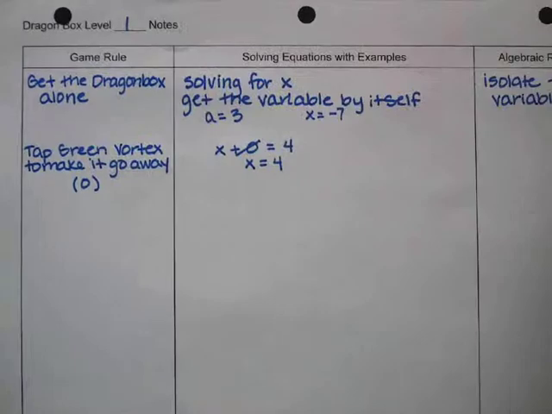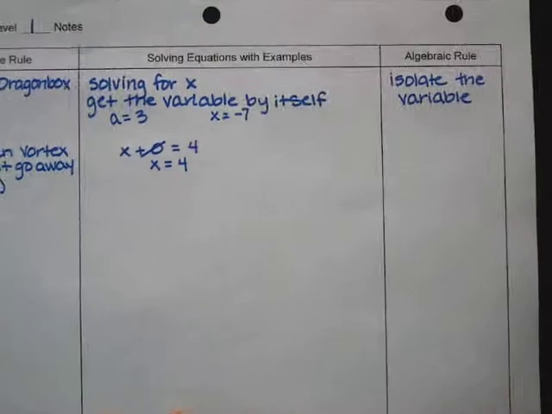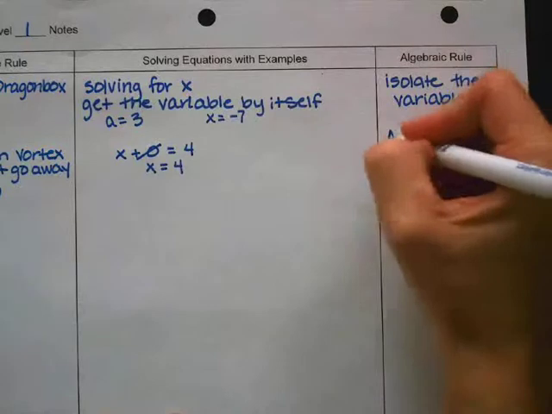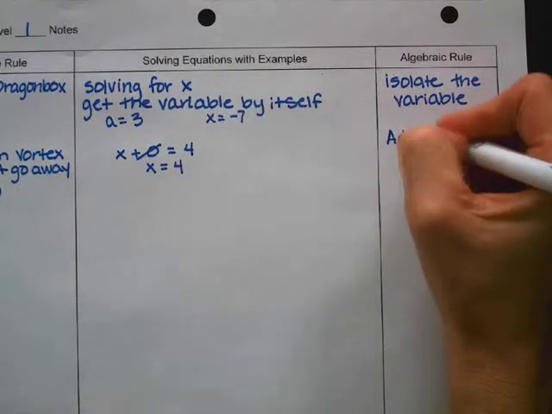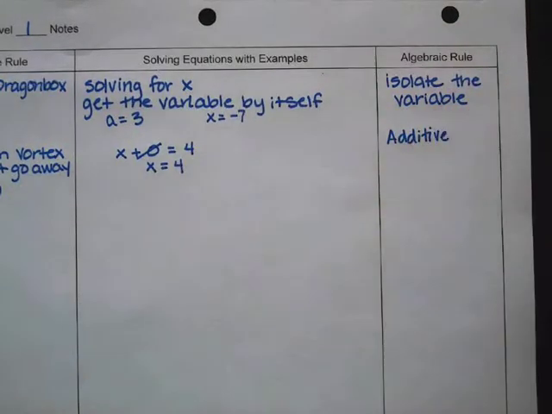We don't need to have the plus 0 there because x is still x, even if I add 0 to it. If I added 0 to Trinity, she would still be Trinity. Okay? I could add 3 zeros to Jasmine, and she's still Jasmine. Now, the algebraic rule is the additive. What is the word for additive?